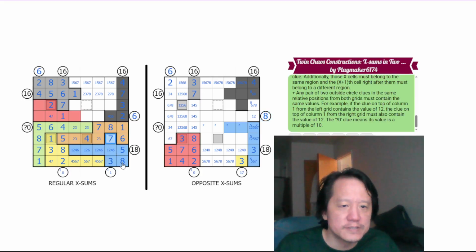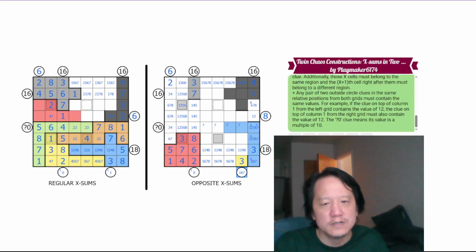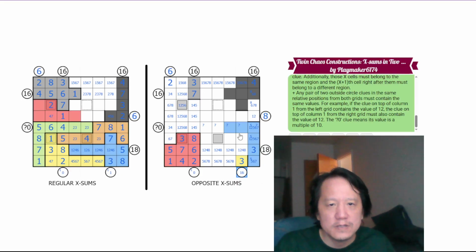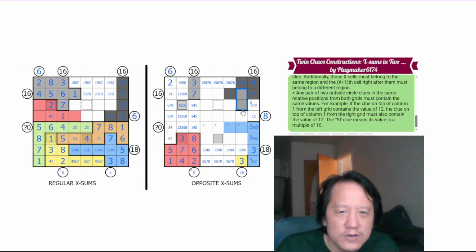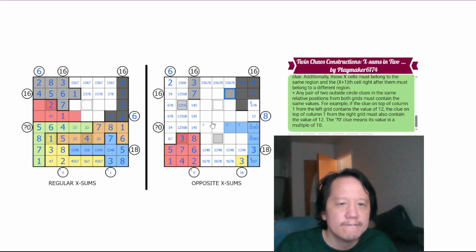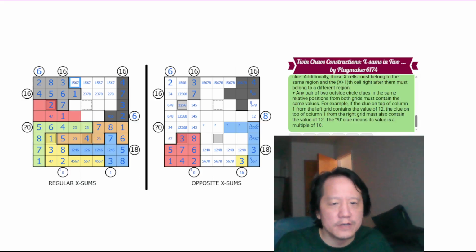This is 3 and 7. So it still could be 11, but now the maximum could be only 16. 3 digits here. That's boundary. This adds up to 20 either way. 1 eliminates 1 here. 7 eliminates 7 here. 8 eliminates 8 here, so that's 2.